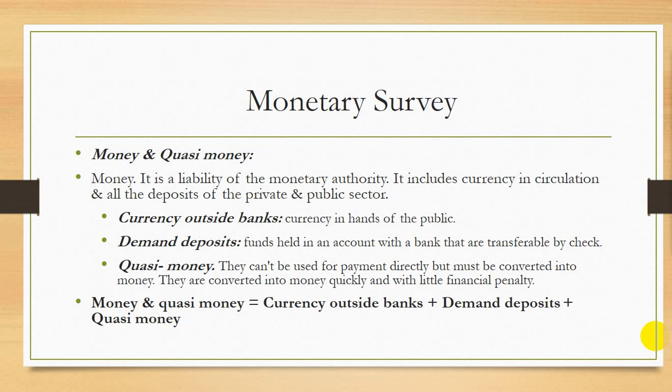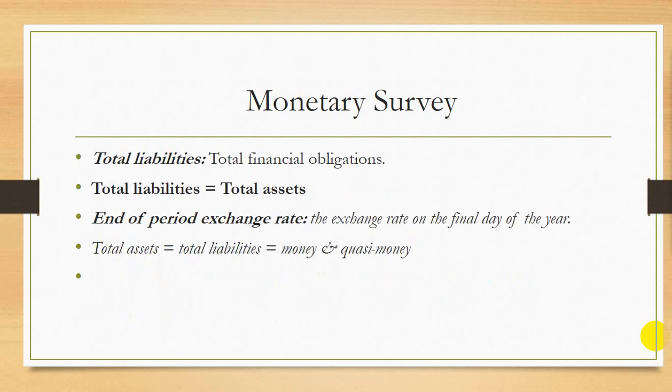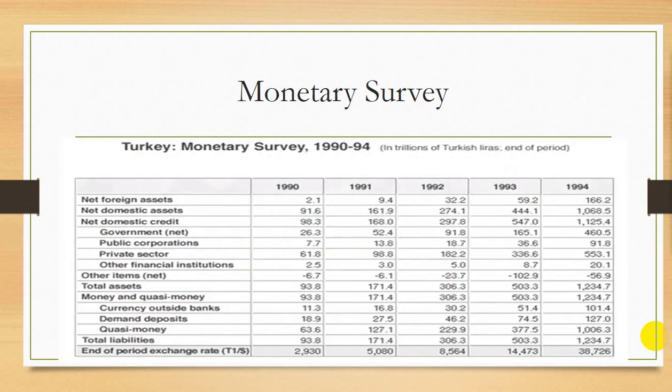So if you add currency outside banks, demand deposits, and the quasi-money, this is known as money and quasi-money. And this is equivalent to total liabilities. This is total liabilities, money and quasi-money, total assets, and net domestic credit. All of them are equivalent to each other.